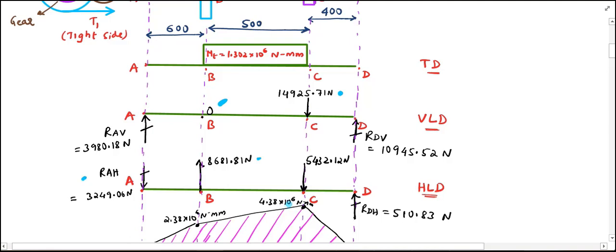Please note here, any force which is going away from the observer, in case the observer is standing in front of the shaft, will be drawn on the shaft upwards, and any force which is coming towards the observer will be drawn downwards on the shaft.